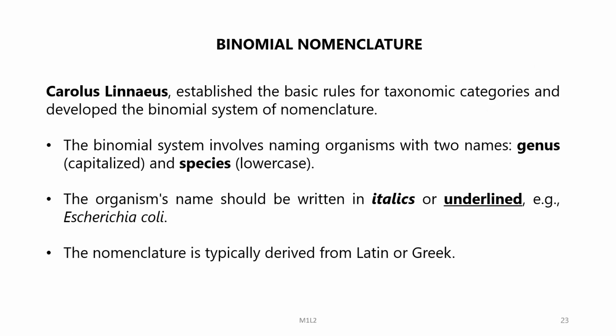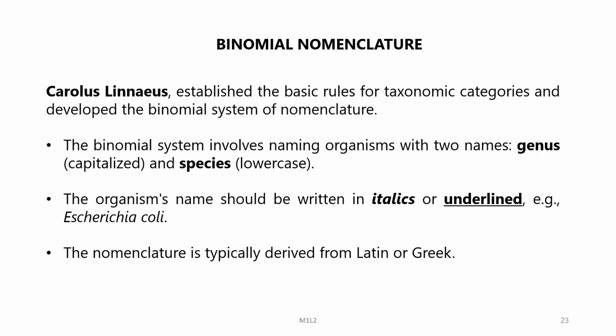Now, let us discuss a little bit about binomial nomenclature, and we have already given some examples in the past. For example, humans have two parts to their scientific name, Homo sapiens. Carolus Linnaeus established the basic rules of taxonomic categories and developed the binomial system of nomenclature. The binomial system involves naming organisms with two names.